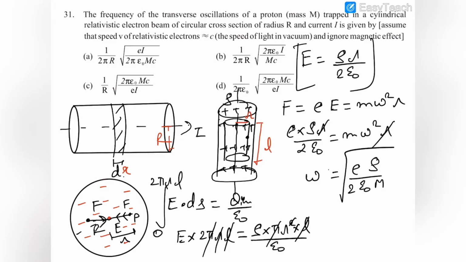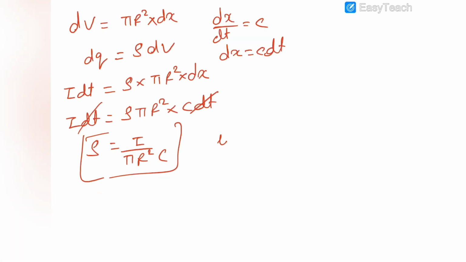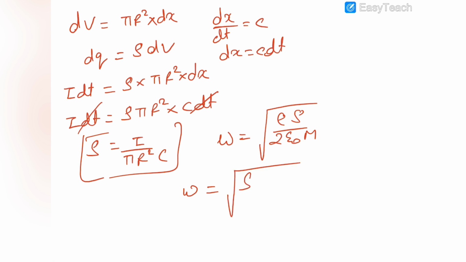Now we have already written the omega. Omega was the square root of e rho by 2 epsilon naught m. So we can substitute the value of rho here. So it would be e I by pi r square c into 2 epsilon naught m, and omega is 2 pi f.